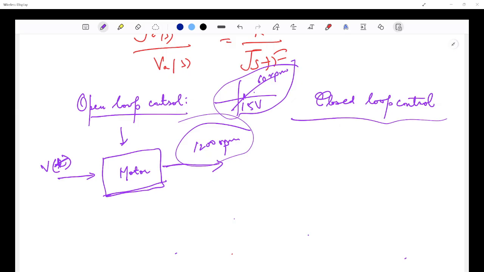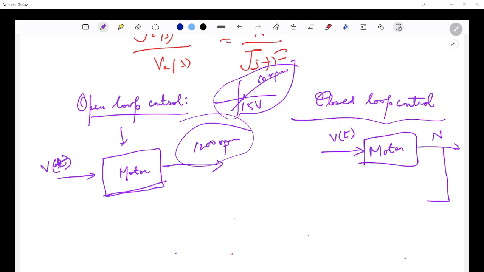So for example, we will have again voltage coming over here, and this would be the motor again, the same thing. And then we have the output. Let's say our output is speed, which is n. Let's say I have a measurement device called a tachometer, which measures the speed of my motor. I take it as feedback.